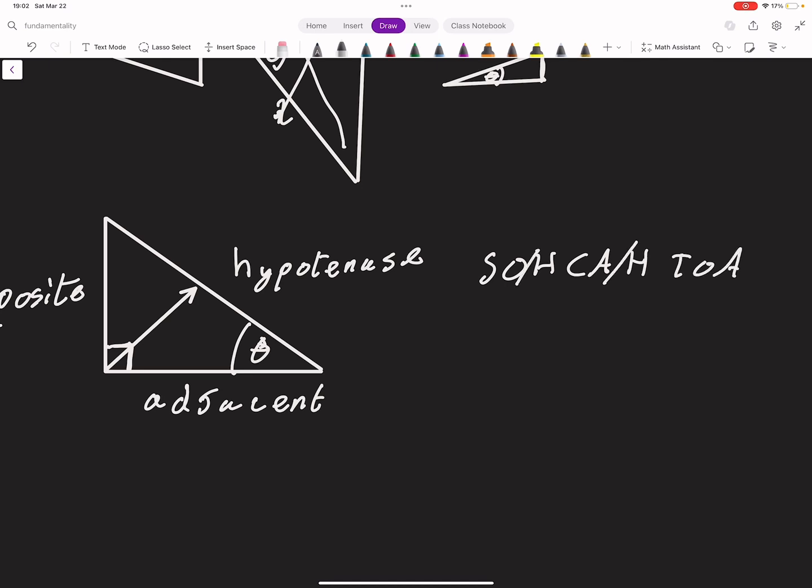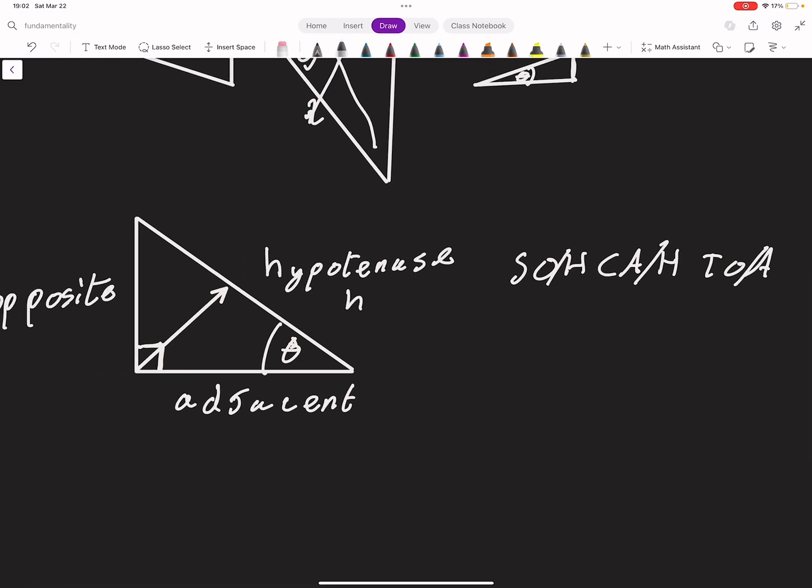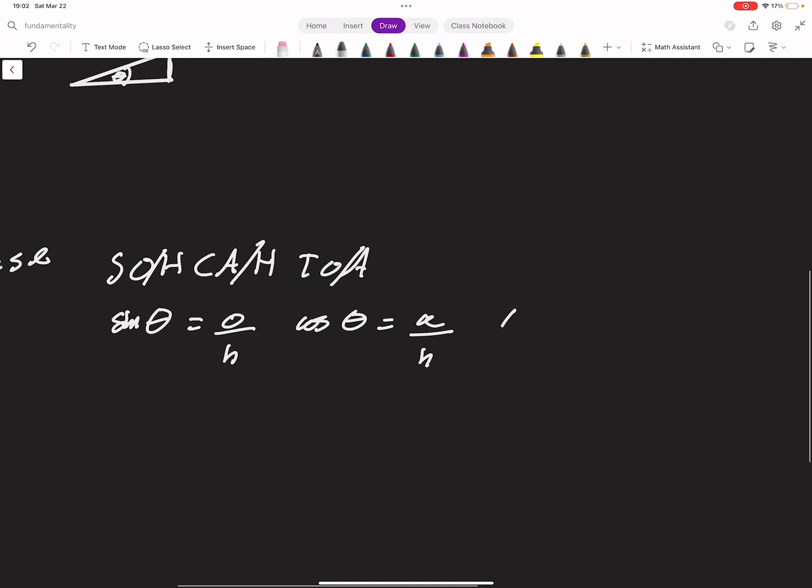What this means is the sine of theta equals opposite over hypotenuse. The cosine of theta equals the adjacent over hypotenuse. And the tangent of theta equals opposite over adjacent.